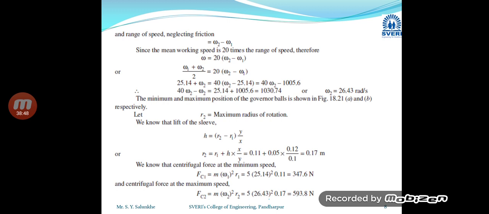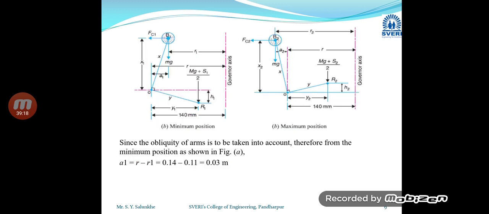The centrifugal force at the maximum speed has the formula m omega 2 square into r2, and omega 2 we calculated as 26.43. So the equation becomes 5 into 26.43 square multiplied by 0.17, the value of r2, and we get this centrifugal force as 593.8 Newton. Let's move to the next slide.